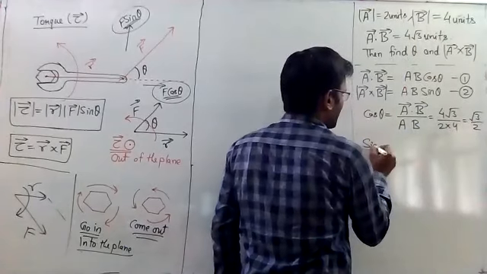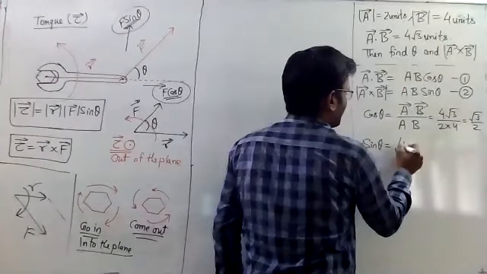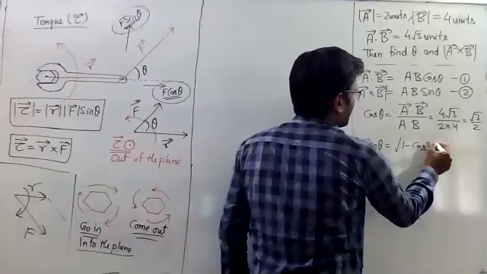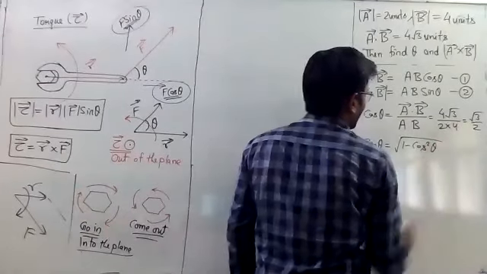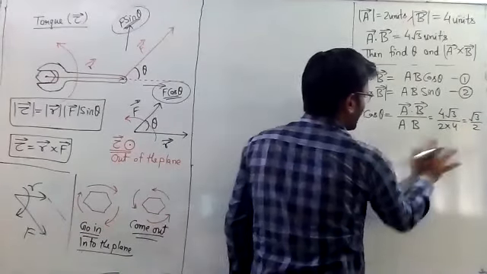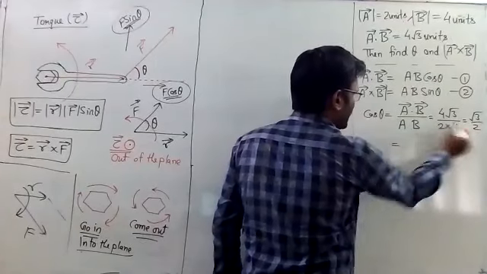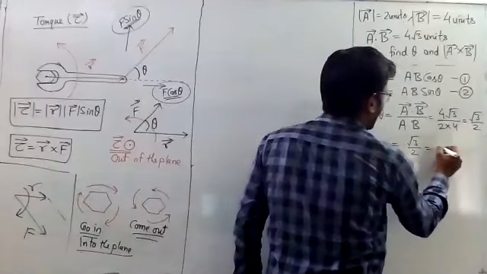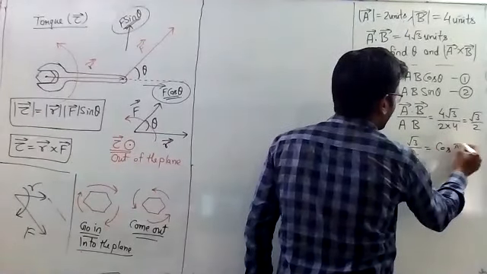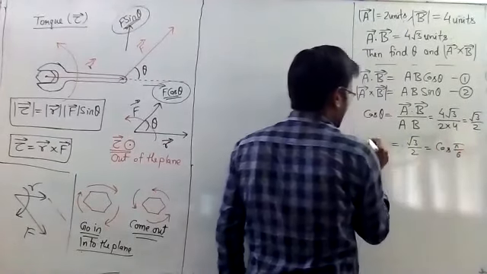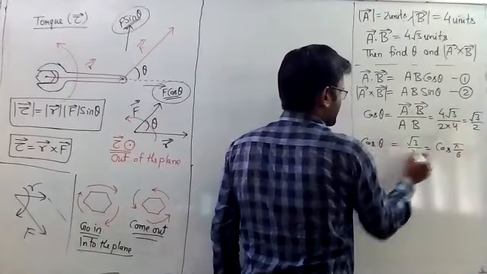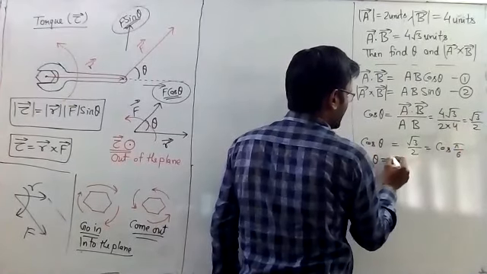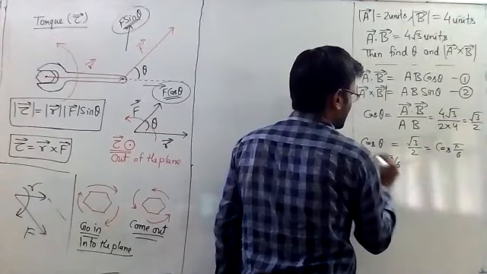You could find sin theta as root of 1 minus cos square theta, or first find the value of theta. So cos theta equal to root 3 by 2 is cos of pi by 6, so theta is equal to pi by 6.